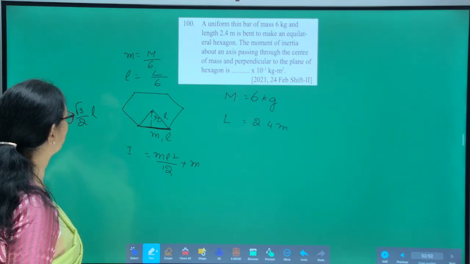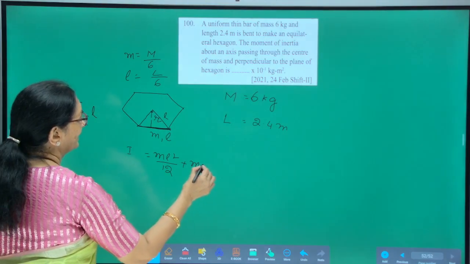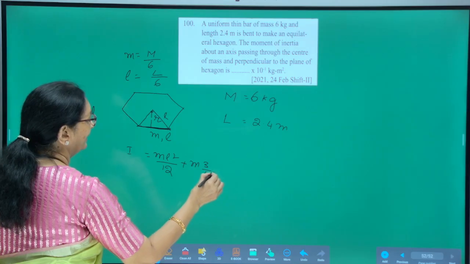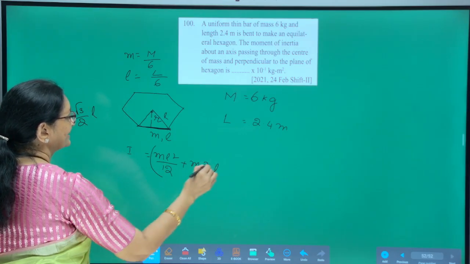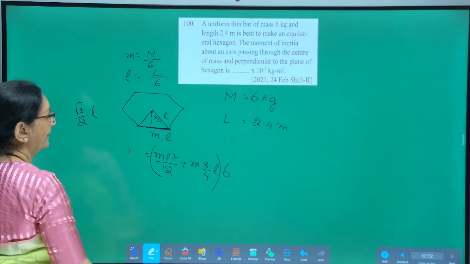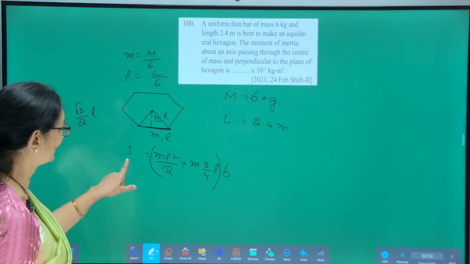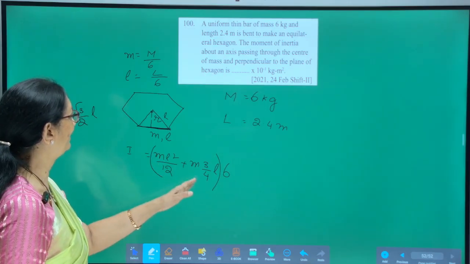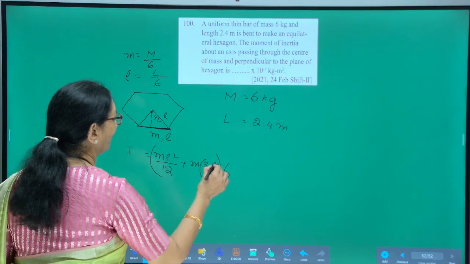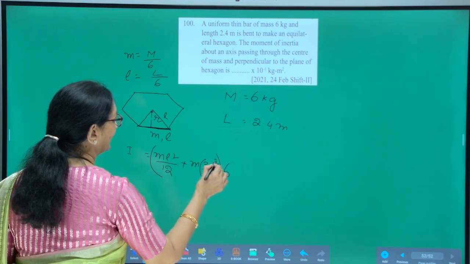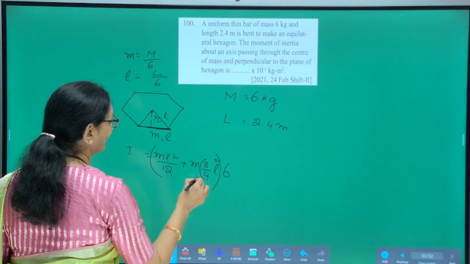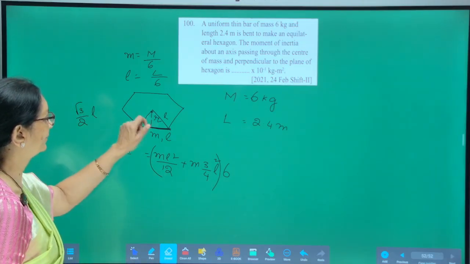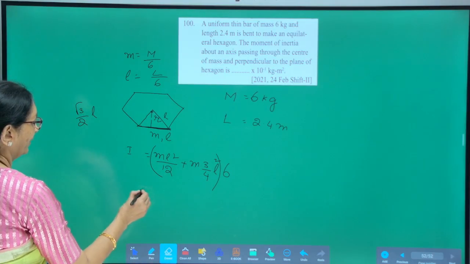So, this distance becomes root 3 by 2 L, so root 3 by 2 L whole square. There are 6 such rods. So, the moment of inertia of the hexagon so formed will be 6 times ml square by 12 plus m into 3 by 4 L square.